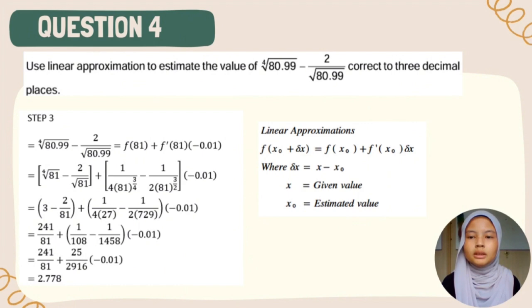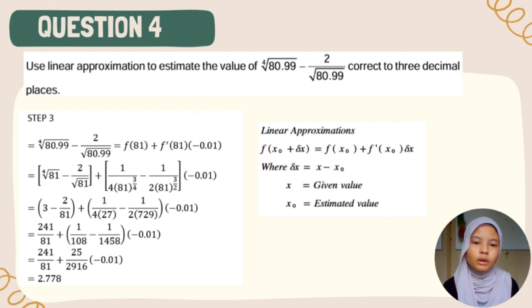Step 3 is we need to substitute the numbers into the formula. The fourth root of 80.99 minus 2 over square root 80.99 equal to f(81) plus f prime(81) multiplied by delta x, where delta x is negative 0.01.